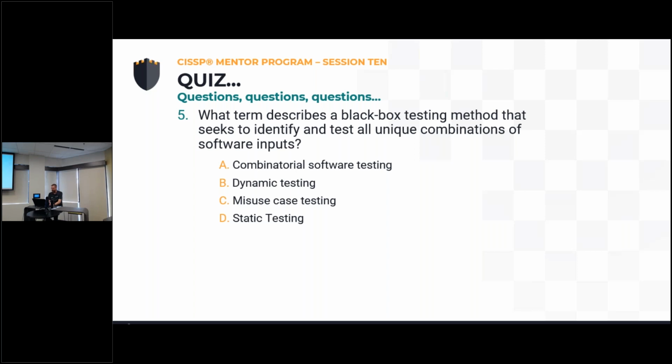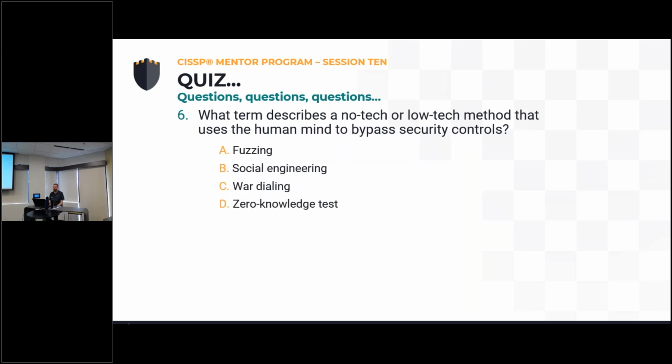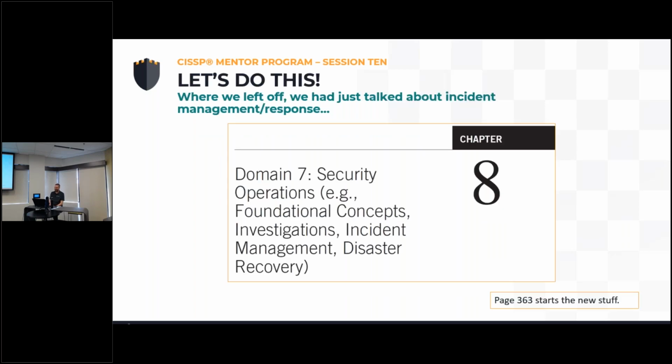That is correct. Maybe. All right. What term describes a no-tech or low-tech method that uses the human mind to bypass security controls? Yeah, there you go. You guys are getting this. Everybody's gonna pass.